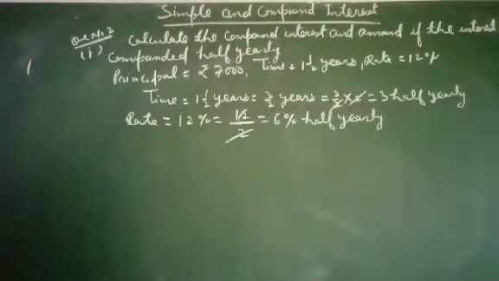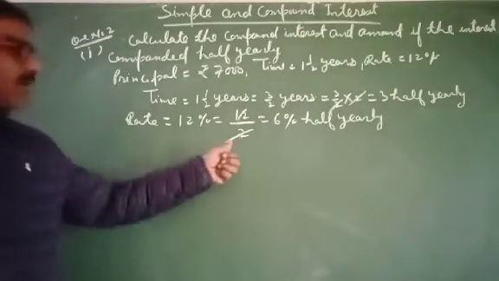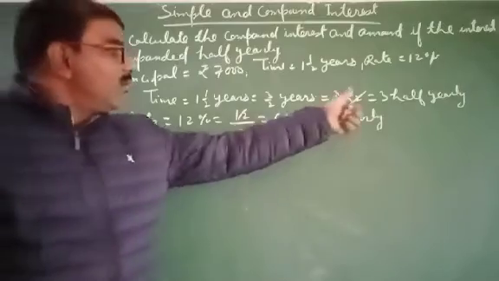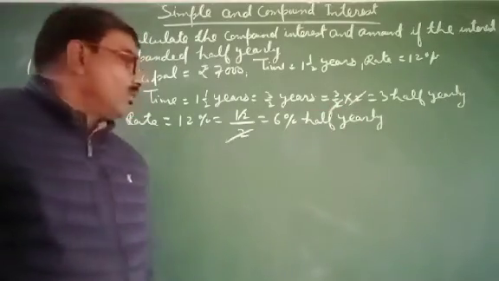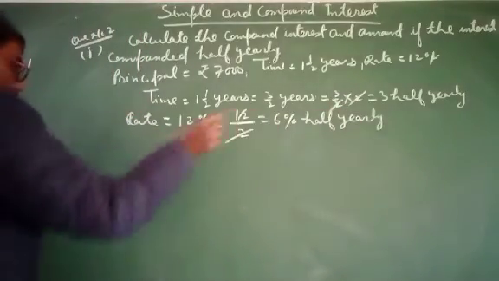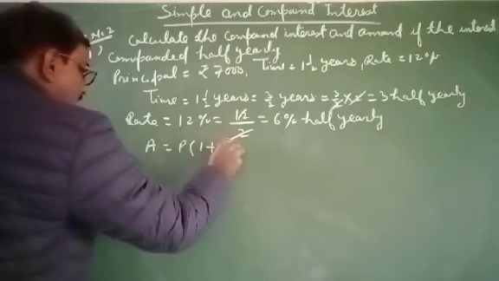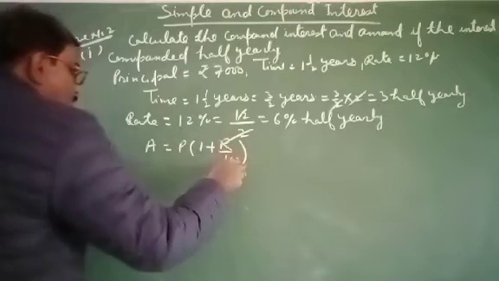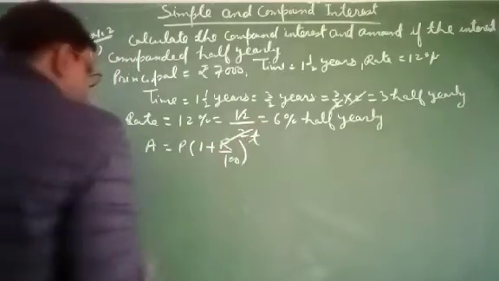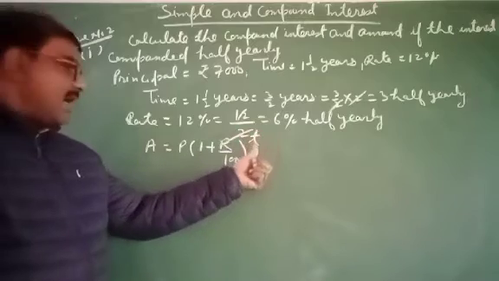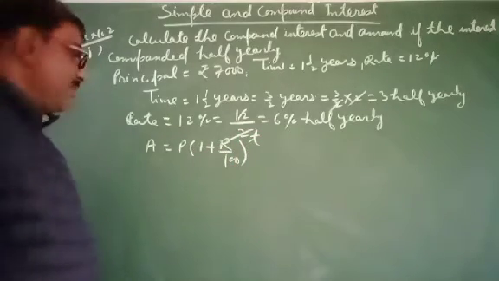Now rate R equal 6% half yearly and time T equal 3 half yearly. So now amount A equal P times 1 plus R by 100 to the power T. Here R is rate percent and T is time and P is principal.